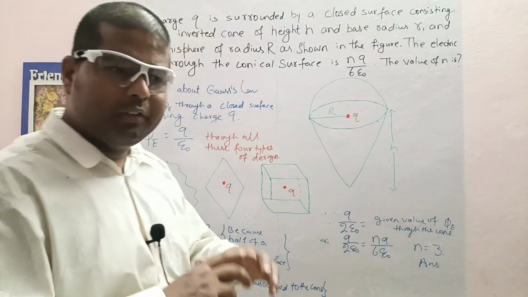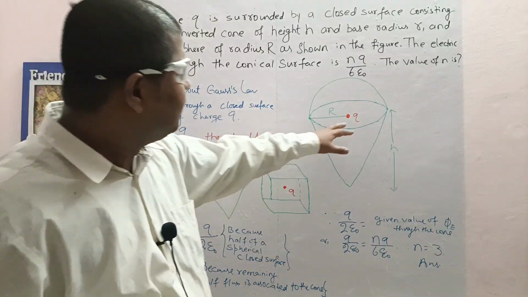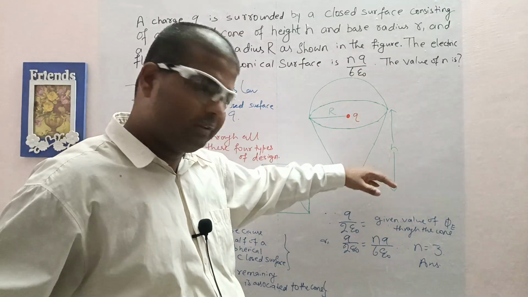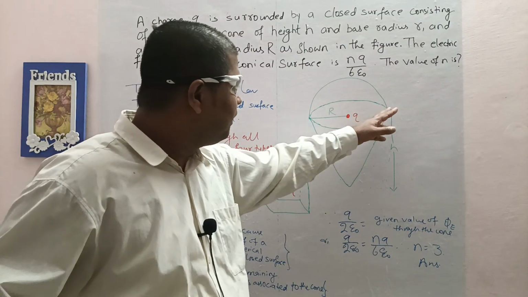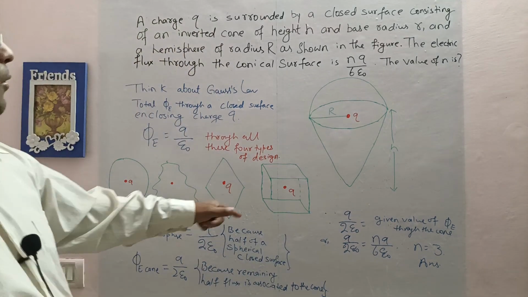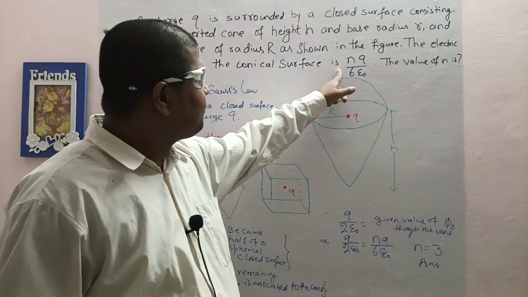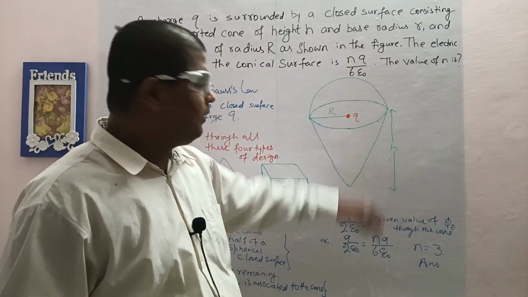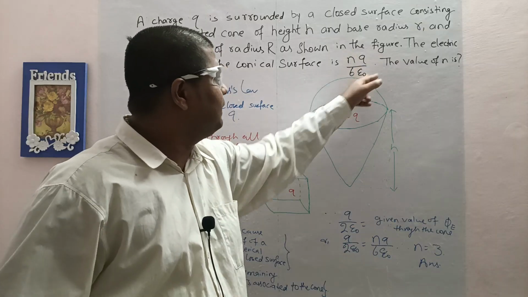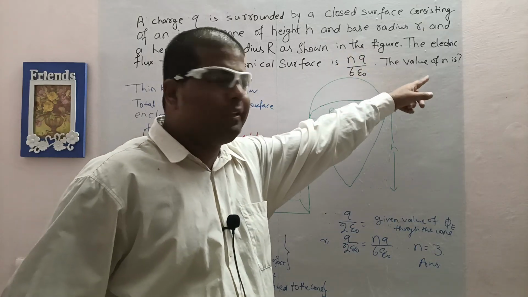Means the charge is completely covered by half of a sphere, a hemisphere, and the rest half with a cone. Now in the question, the value of the electric flux passing through the cone, the conical portion, is this. We have to find the value of n.